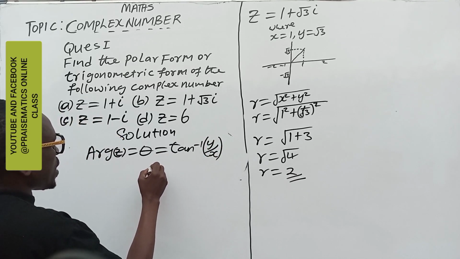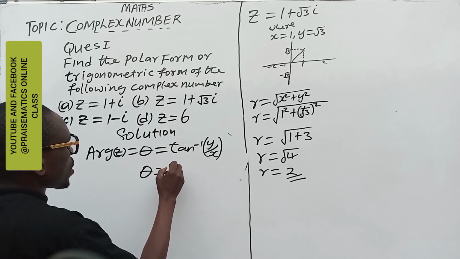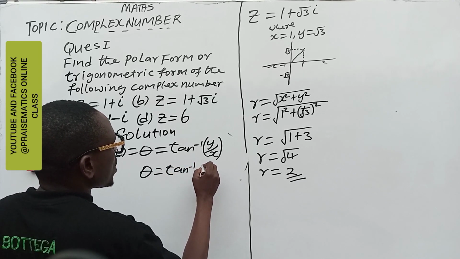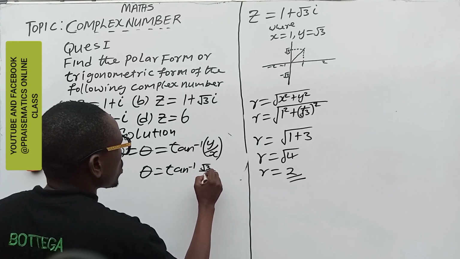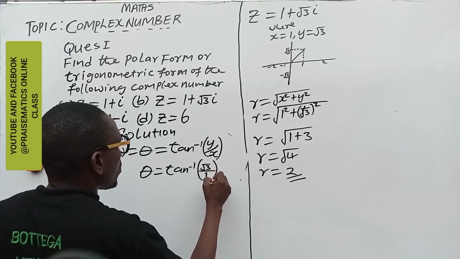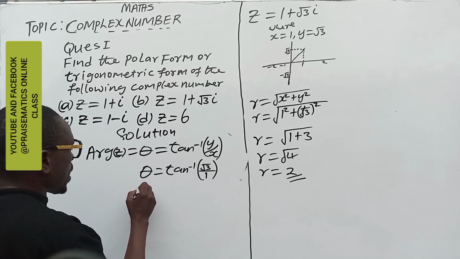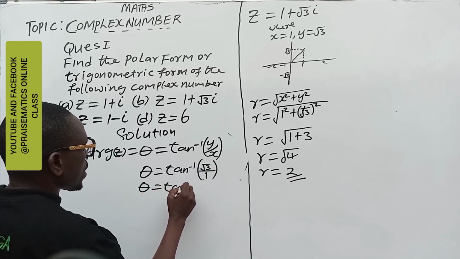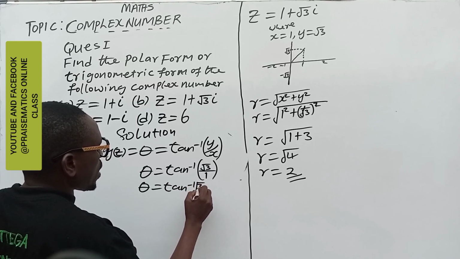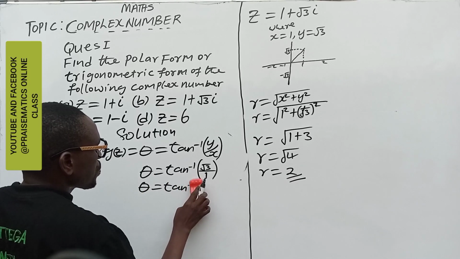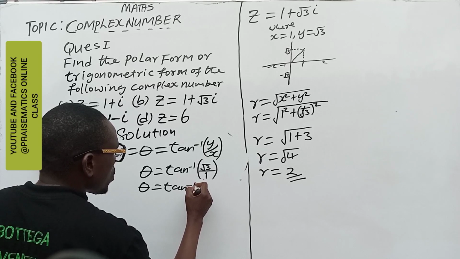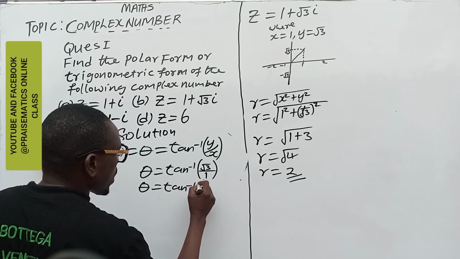So theta is equal to tan inverse of root 3 over 1, which is the same thing as tan inverse of root 3.